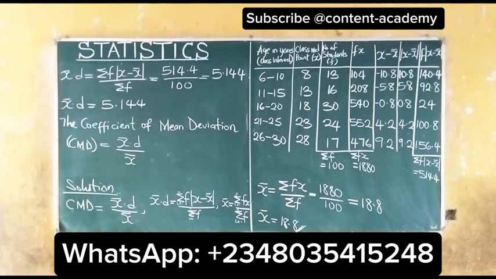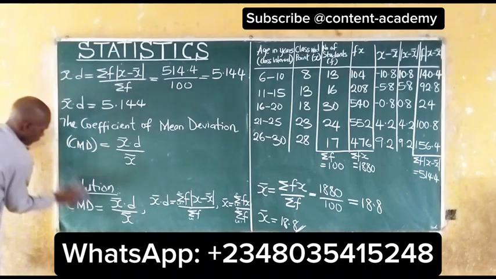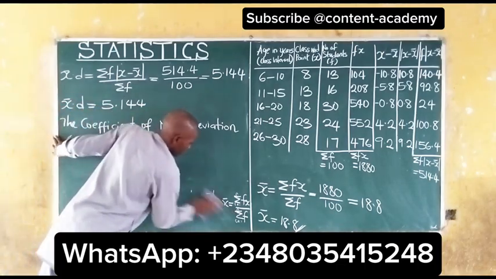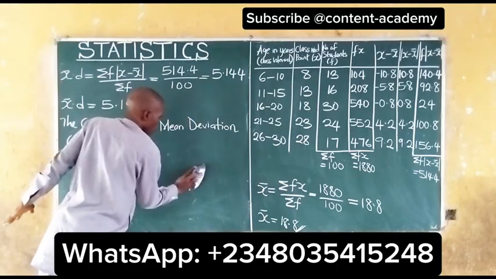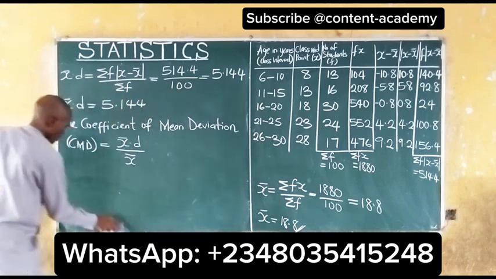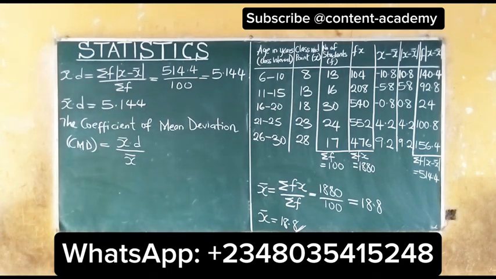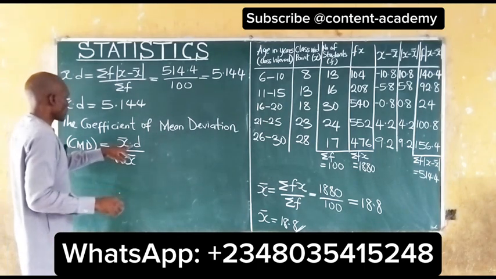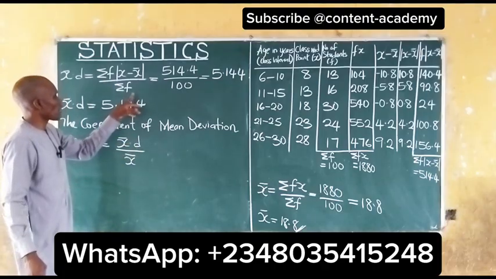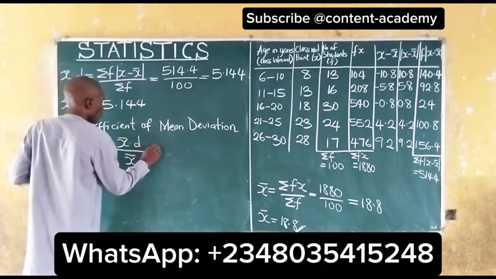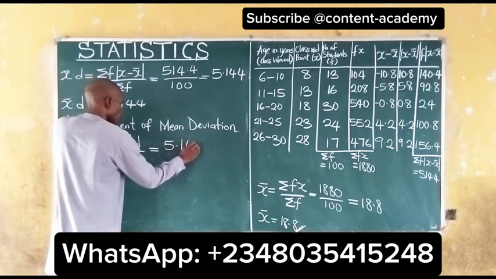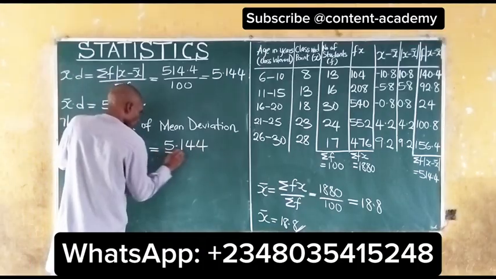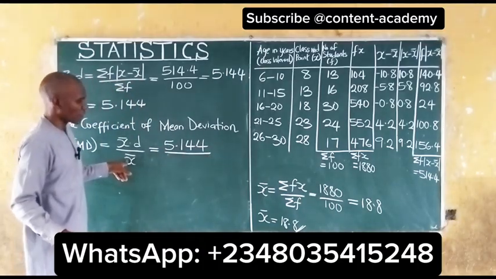So we have to delete this part of the board. So here we have the deviation to be equal to 5.144 divided by, what is our x bar?